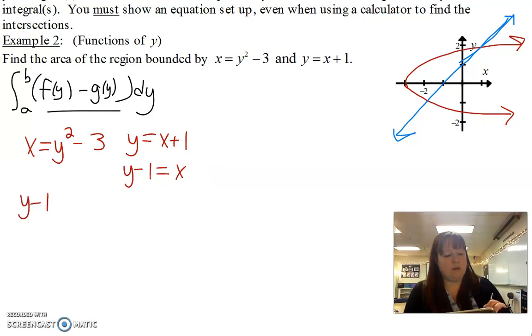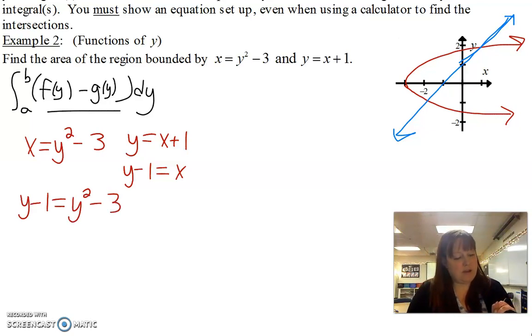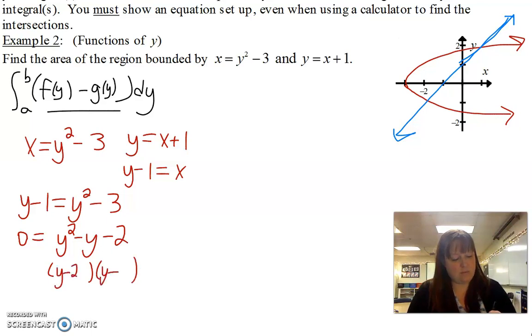So we have y minus 1 equals y squared minus 3. Then we subtract y and add 1, so we get 0 equals y squared minus y minus 2. To find where this is equal to 0, we factor it, and we get y minus 2 and y plus 1 equals 0.